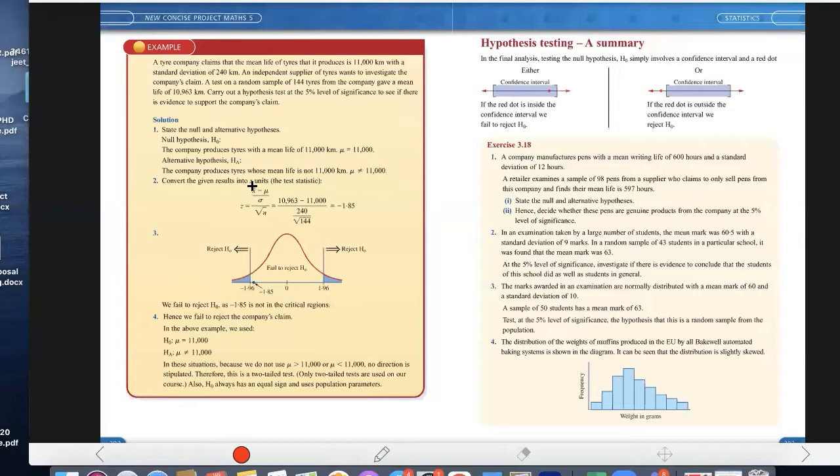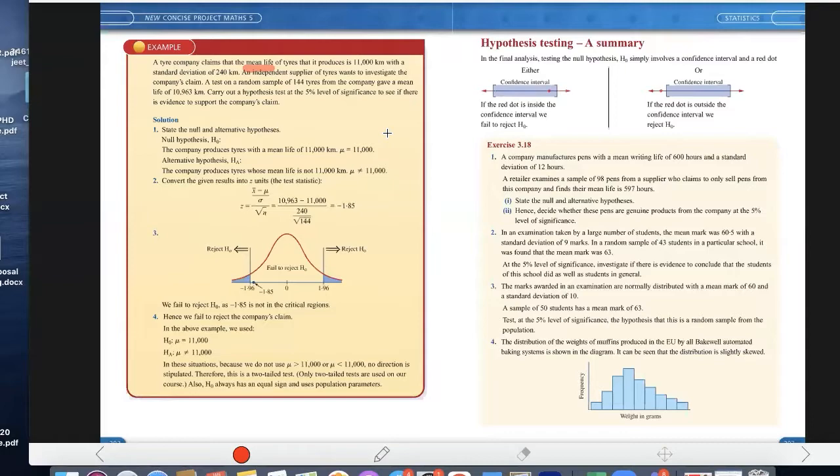So I'm just going to go through this example so that you can see the steps, and then of course we'll practice through the exam questions. A tire company claims that the mean life of tires that it produces is 11,000 kilometers with a standard deviation of 240 km. An independent supplier of tires wants to investigate the company's claim.